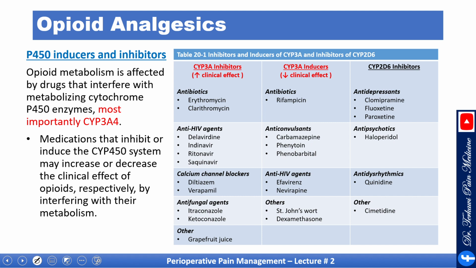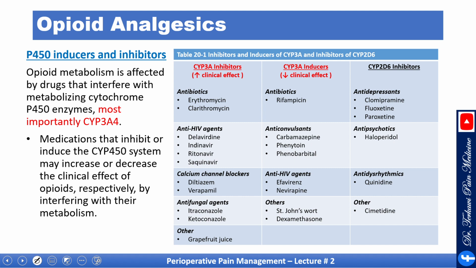So inhibitors will increase the clinical effect of the opioids, while inducers of the enzyme will increase the metabolism of opioids, which will decrease the clinical effect.